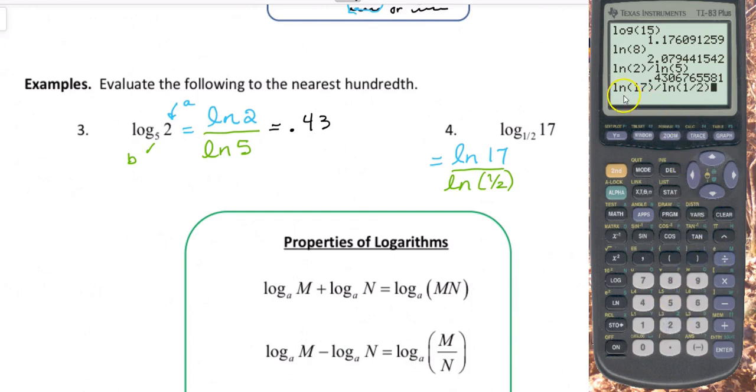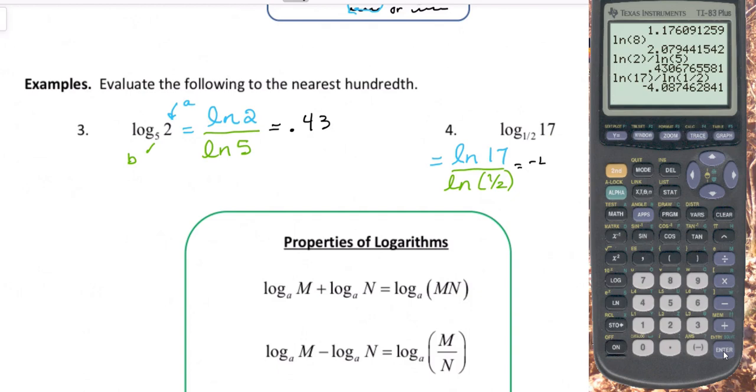Now you can see on the screen it's the natural log of 17 divided by the natural log of 1/2. I hit enter and there's my value. I've got negative 4.09 if I round to the nearest hundredth.